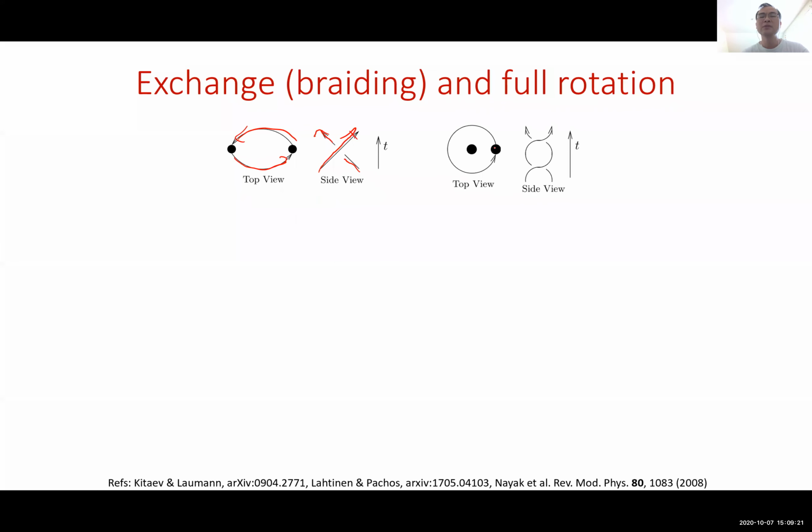And you can do it twice. You do the braiding twice, it becomes a rotation. This gives you sort of mutual statistics. So this particle is feeling the statistics from this particle at the center.